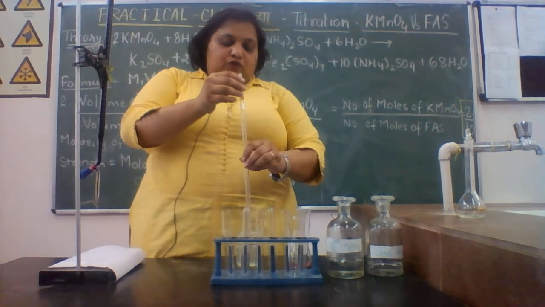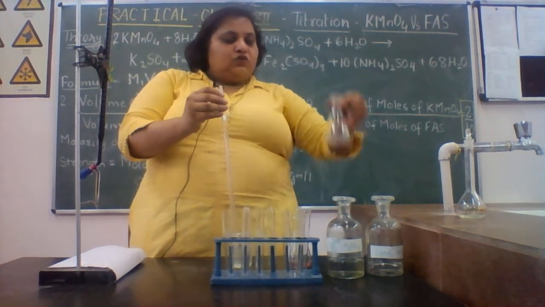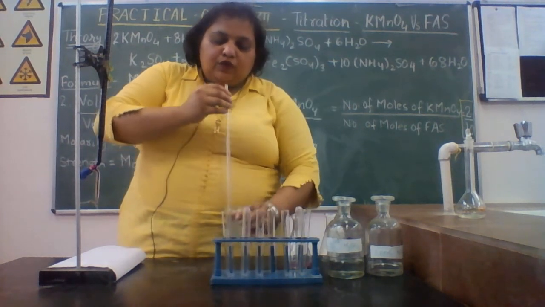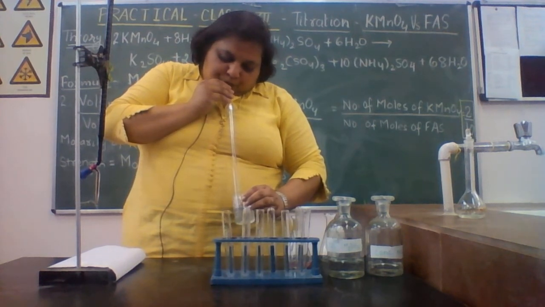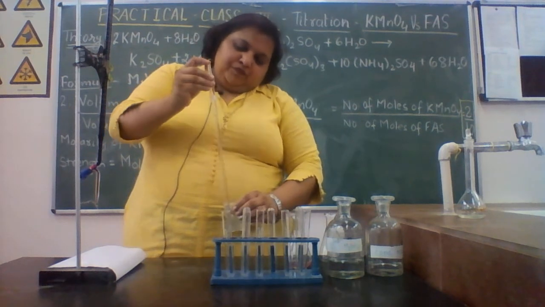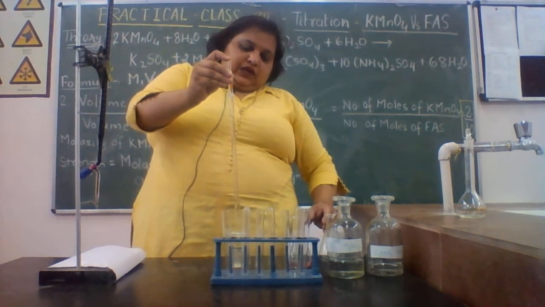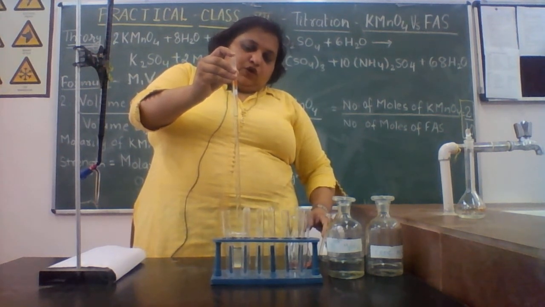Now, what you have to do? You have to take the 10 ml solution in the washed conical flask. It must be accurate, just allow it to fall drop by drop.